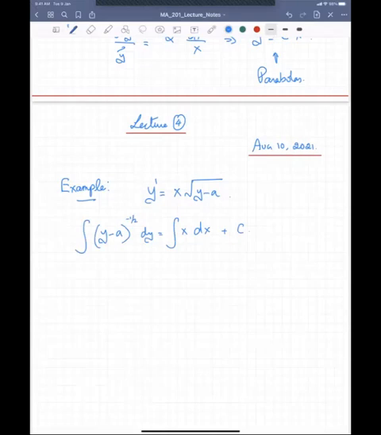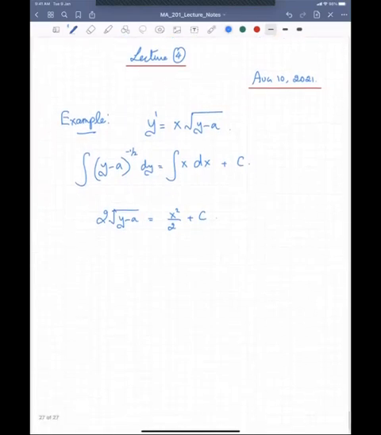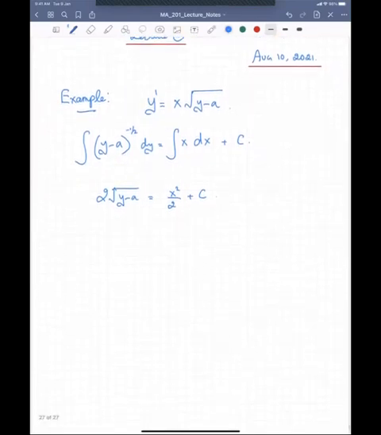And this gives me a positive square root of y minus a, with a half in the bottom, so that becomes 2 times square root of y minus a. The right hand side is x squared over 2 plus c. If you want, you can clean this up further by squaring both sides, and you will have the solution. There is absolutely no problem with this.